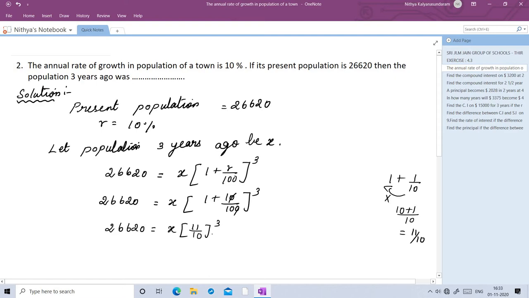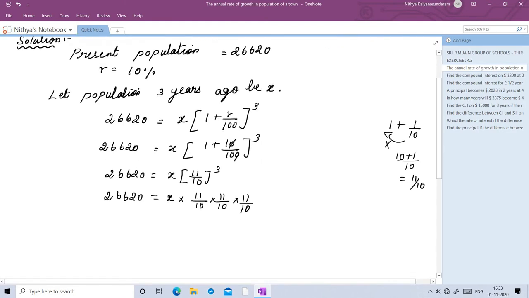So 26,620 is equal to x into 11 by 10 into 11 by 10 into 11 by 10. So the denominator is 10; if you move that side, it should be multiplied. 26,620 into 10 into 10 into 10 divided by 11 into 11 into 11.